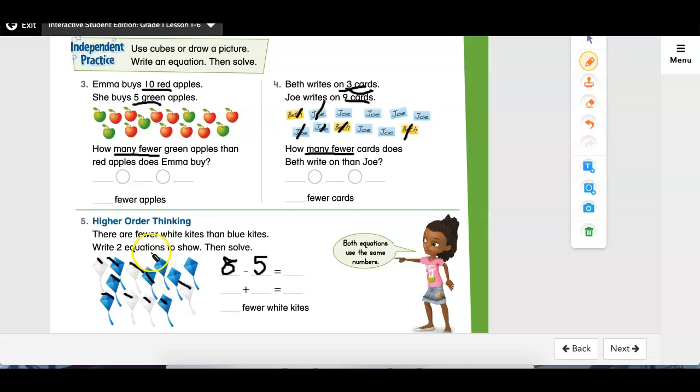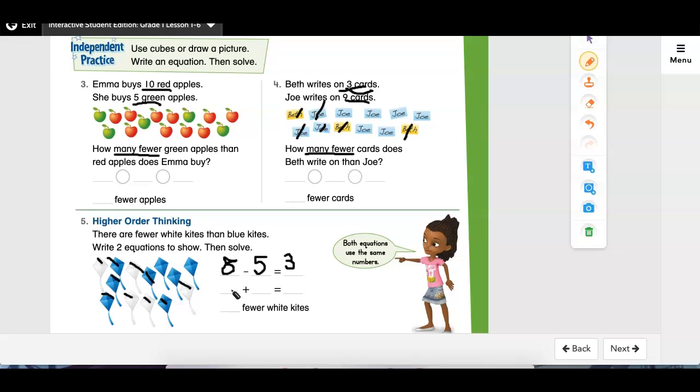How many more of the blue kites am I left with over that I did not mark? I am left with 3 of those blue kites.